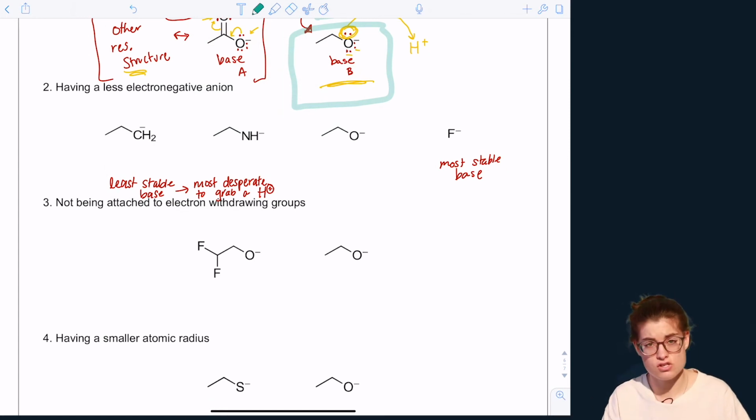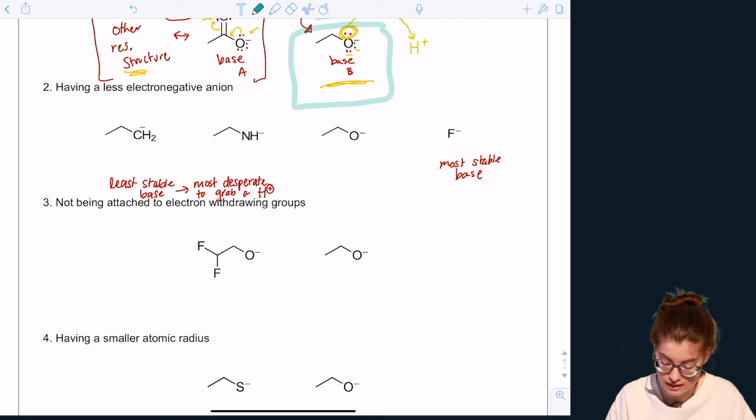But again, it still gets you to the same point, which is fluorine is not going to be as willing to grab a proton.